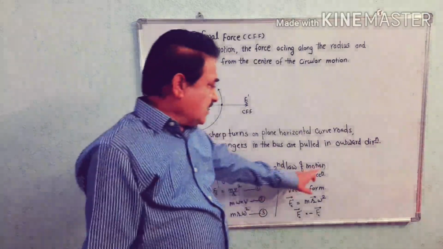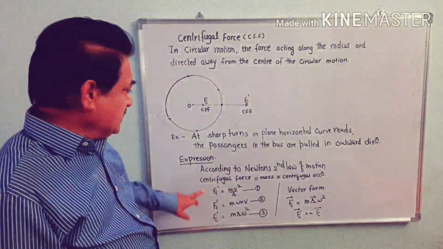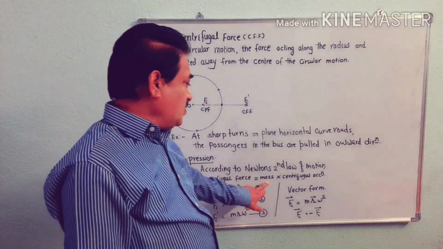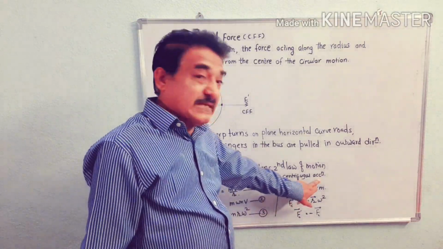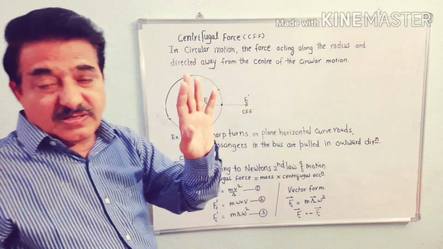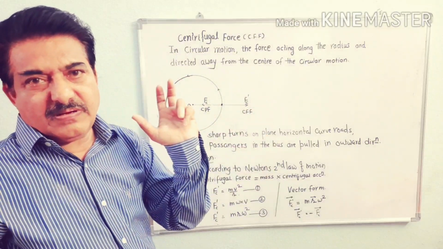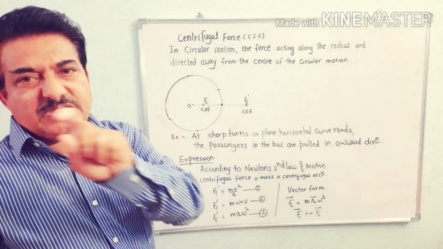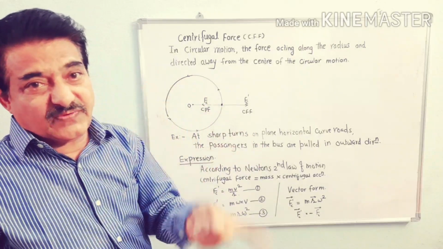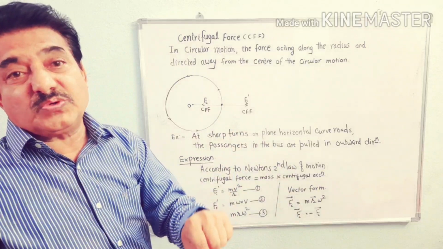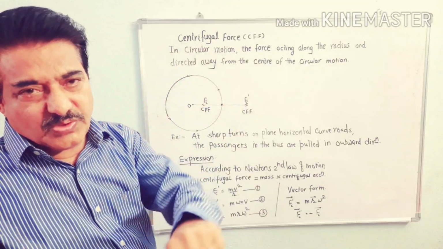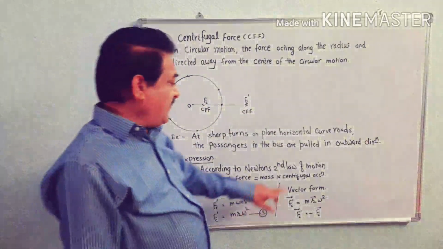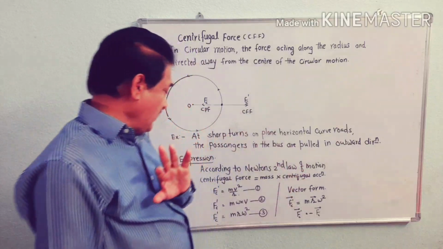So we will see the mathematical expression for centrifugal force. According to Newton's second law of motion, centrifugal force is equal to mass into centrifugal acceleration. A common expression by Newton's second law is force equals mass into acceleration, but that force is a centrifugal force. That's why we have to take the centrifugal acceleration.